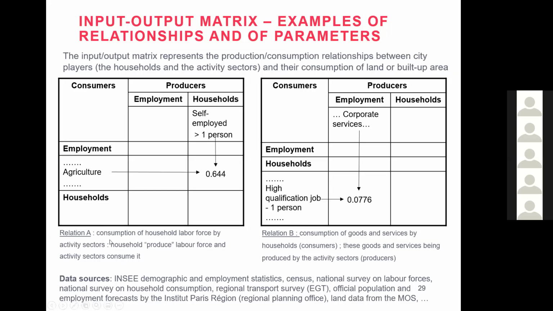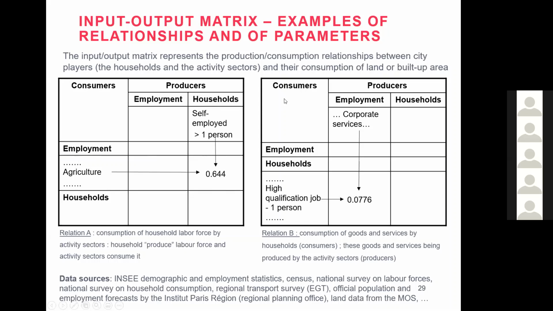The first one is the production of labor force by households, and this labor force is used by each of the activity sectors. So you have a production-consumption matrix with each household category, each activity sector, and one coefficient of consumption, which is computed from statistics, from national surveys on labor force, national statistics, or even regional statistics.